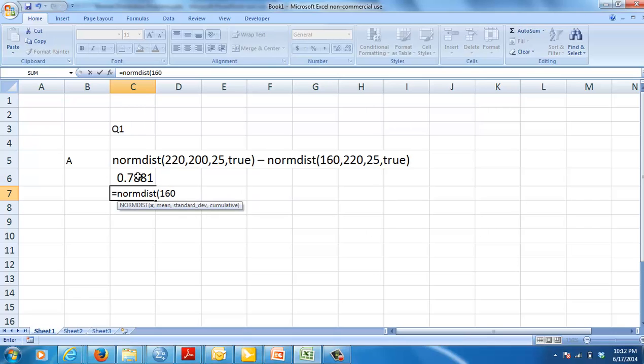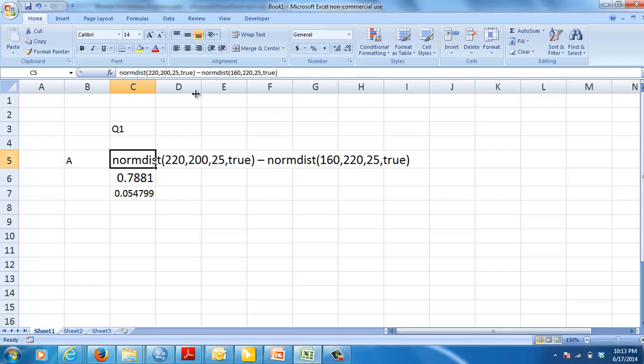I see one problem already. The distribution mean is 200, not 220. So I'm actually glad we had an error there. This number here needs to be 200 as well. So you have norm dist 220, 200, 25, true, norm dist 160, 200, 25, true, and then I would just subtract the two.